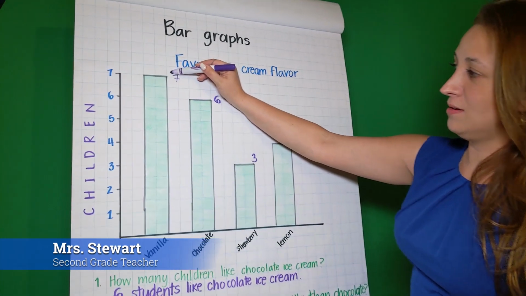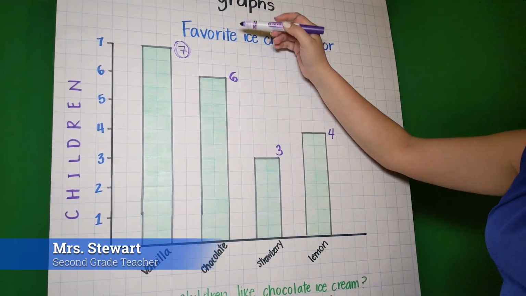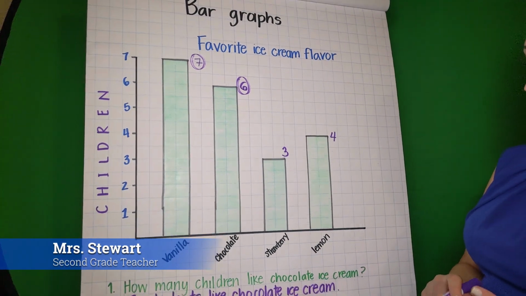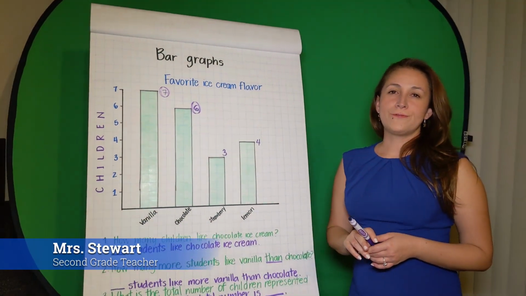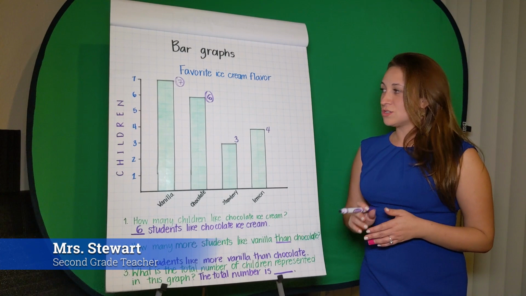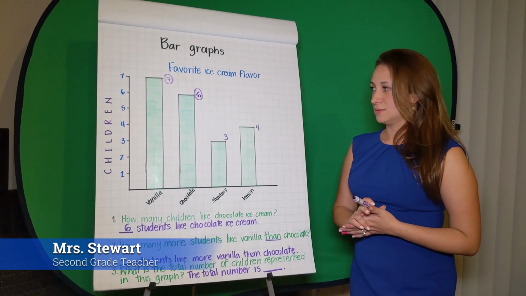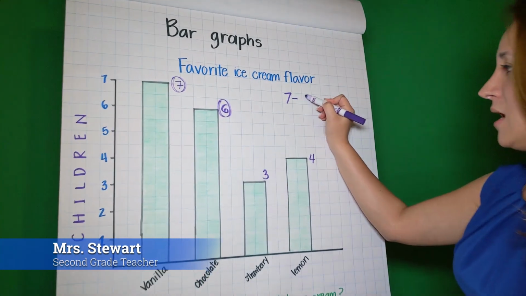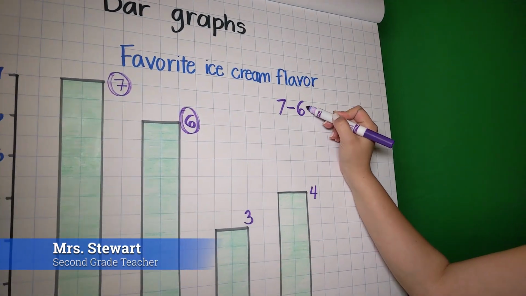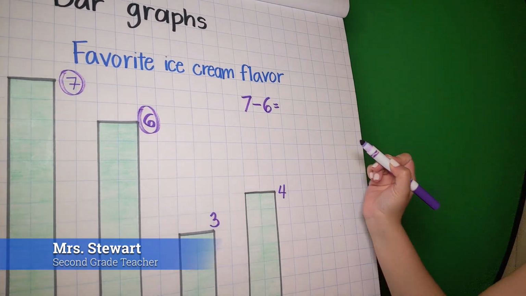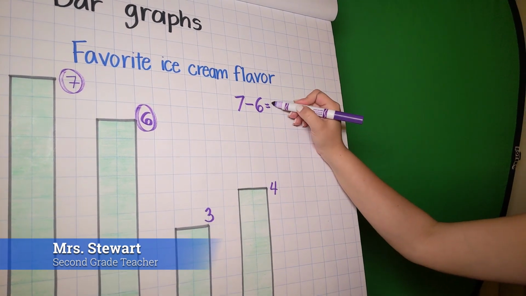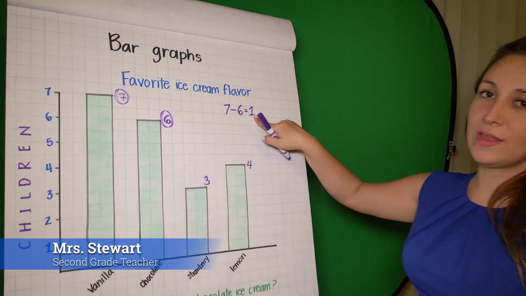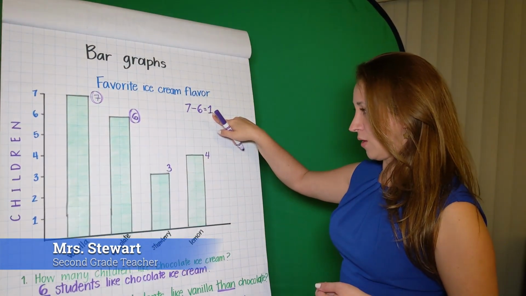I have 7 and I have 6. To find the difference, what I need to do is subtract. So I'm going to subtract 7 minus 6. That's going to be equal to 1. And this is the number that I'm going to use to answer my question.